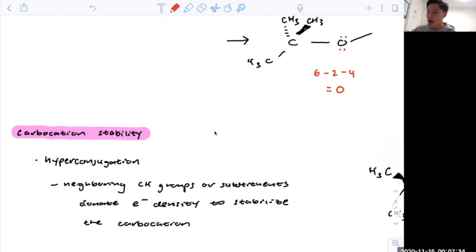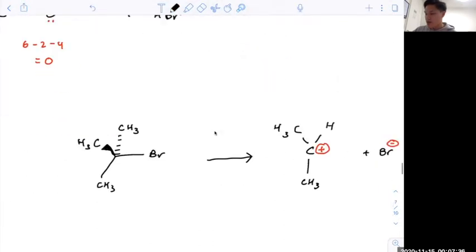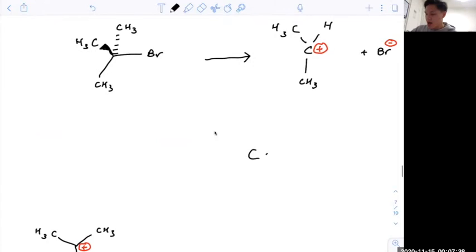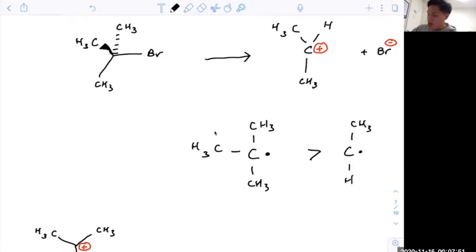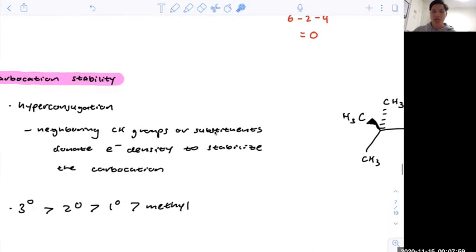With radical halogenation, we figured out that a tertiary radical is better than a primary radical, right? Because I'm actually going to draw the radical here because of the hyperconjugation. So what does hyperconjugation mean?